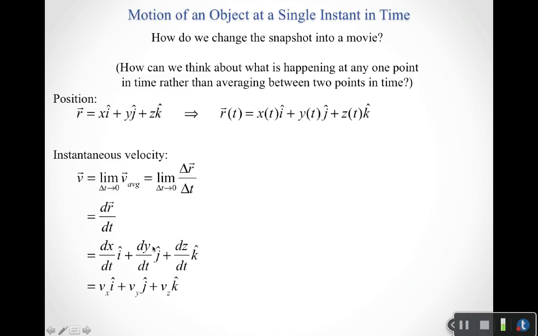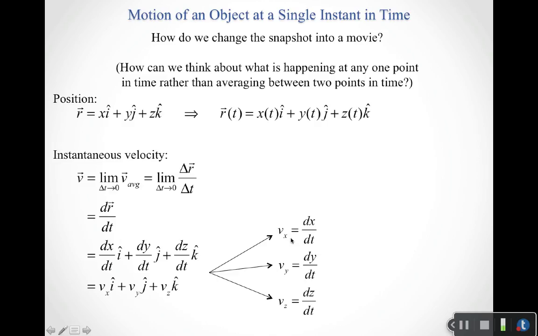The y component of the velocity will be taking the derivative of the y position function with respect to time. And the z component of the velocity will be taking the derivative of the z component with respect to time. So again, what I end up with is really three equations, and so here they are. These are the three equations that are folded into this one vector equation.